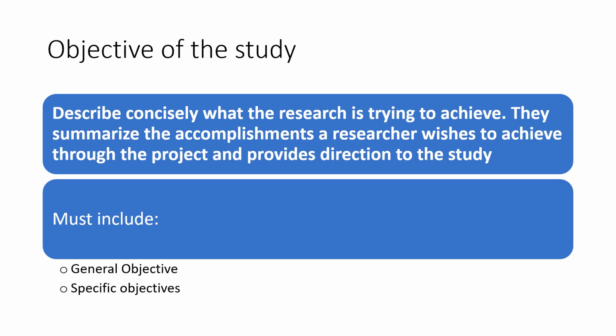An example of a general objective is, for example, the study will determine the level of or the relationship of financial literacy and entrepreneurial skills of micro entrepreneurs in Davao City. That is an example of a general objective. And the specific objectives specify what you will do to accomplish the general objective. So we will have a separate discussion on the objective of the study.